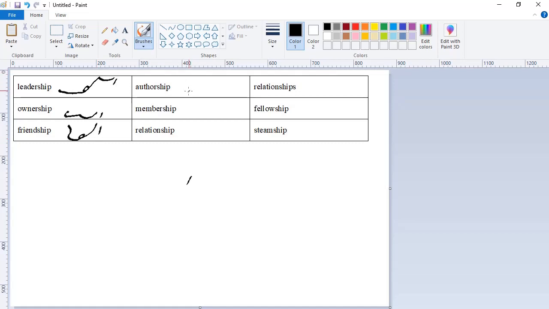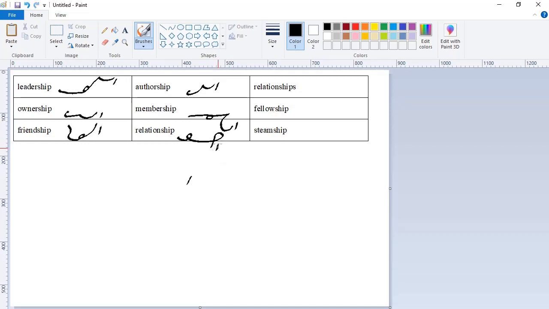We have OTHR for author and then yung ating ship. Next, membership. We have MEMBR and yung ating ship. Next, relationship. So we have relation and then yung ating ship.